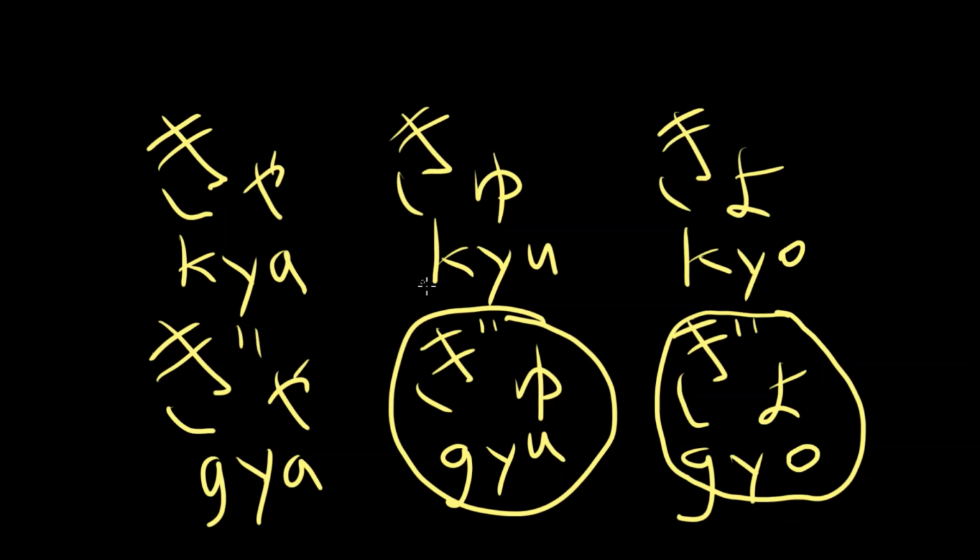Okay. Next, there is sha. So the shi row can also have this sha.